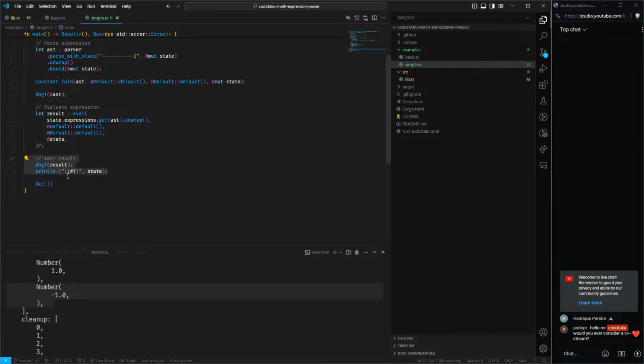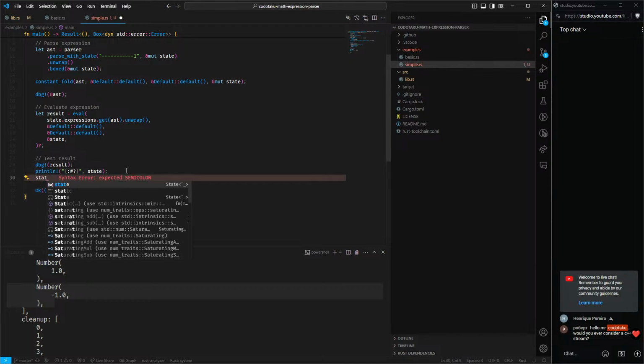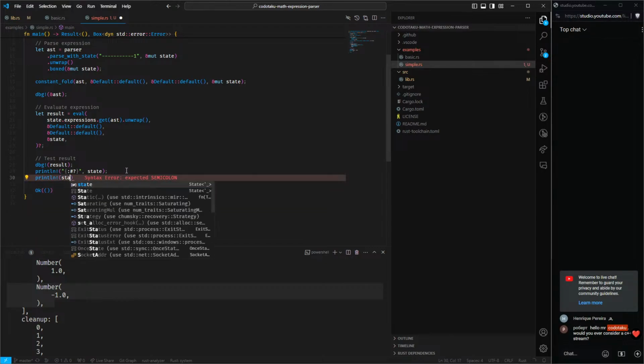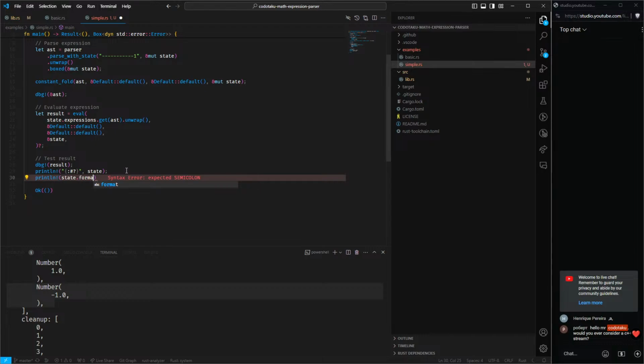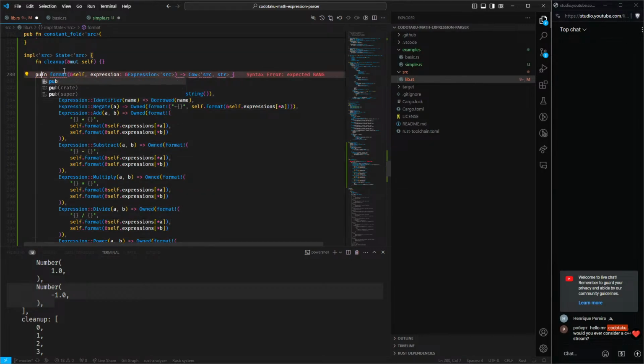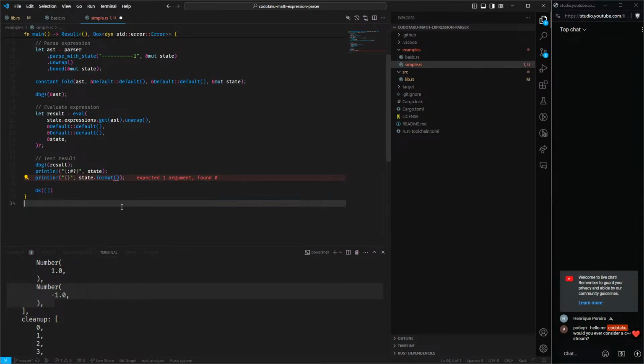So instead of doing this weird thing right here, well, let's just say state, well, println, yeah. State.format. Well, of course we need the format string. Okay. And format is private, sure. Public, please. There you go.